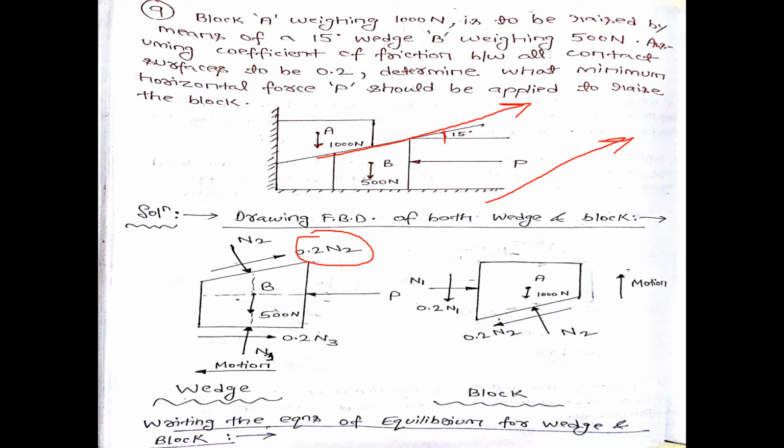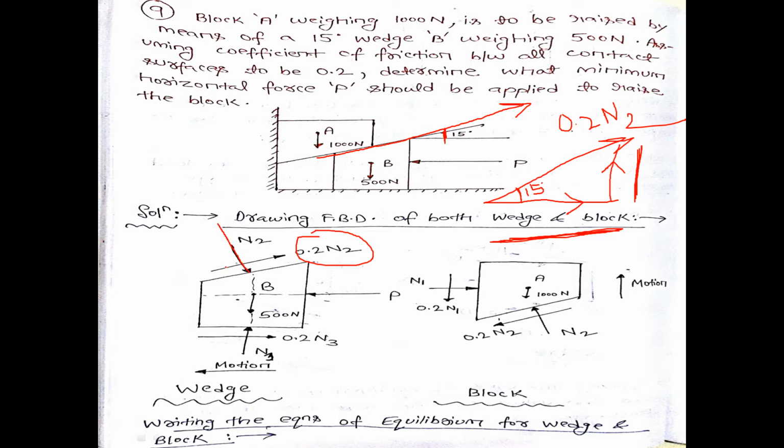This angle is given to you, that is 15 degree. And this is your 0.2 times N2. So I can resolve like this. This value will be 0.2 into cos 15. This is 0.2 into sin 15. Fine. And this is your N2.